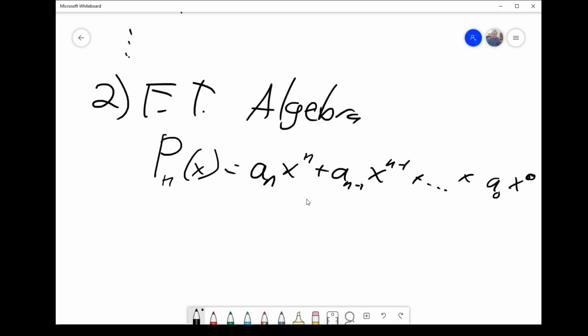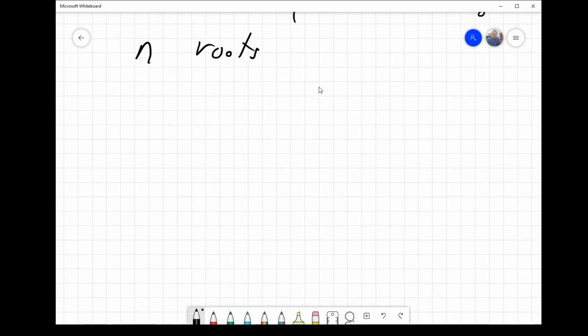If you have a polynomial of degree n with real numbers for coefficients, then you are going to have n roots to this polynomial. They might not all be real numbers.